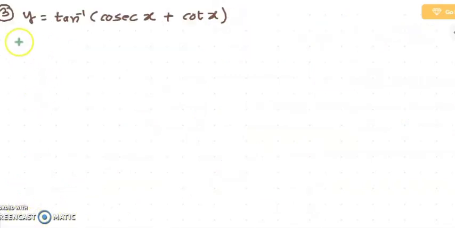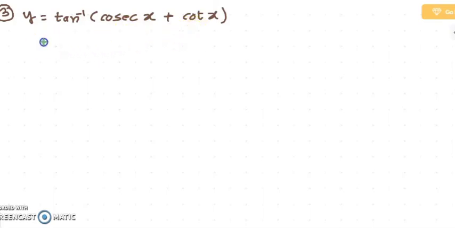Let us consider this new example. To differentiate y equal to tan inverse of cosec x plus cot x. Now here again some trigonometric arrangement is required. These are all the examples in question number 7 which require trigonometric arrangements. Cosec x can be written as 1 upon sin x and cot x can be written as cos x upon sin x.